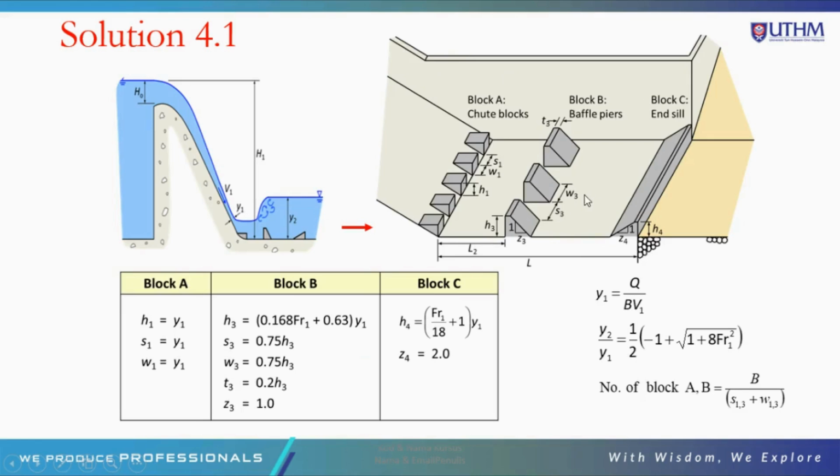You can dimension each side, such as S1 and W1, the dimensions of each block, and the values. Finally, use the sketch to show how many blocks in the row, how many blocks for block B, and block C. You can sketch and put in the actual values for the dimensions.